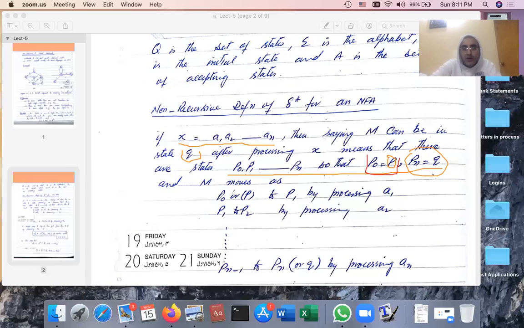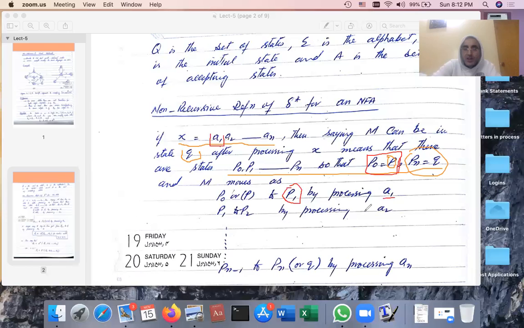So we can reach from this state p0 to p1 if we process a1. After processing this alphabet a1, we reach p1, starting from p0, which is p according to our supposition.